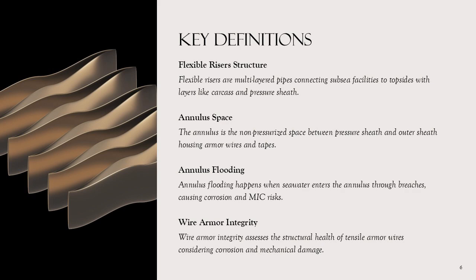Annulus flooding occurs when seawater enters this space through breaches or venting defects, creating conditions for corrosion and microbiologically influenced corrosion, or MIC. Wire armor integrity denotes the structural health of tensile armor wires, considering corrosion, fatigue, fretting, and mechanical damage. These definitions are critical for understanding the degradation mechanisms and their implications on riser performance and safety.